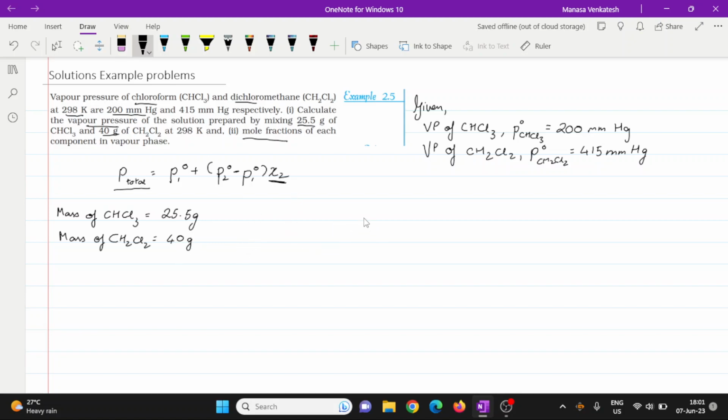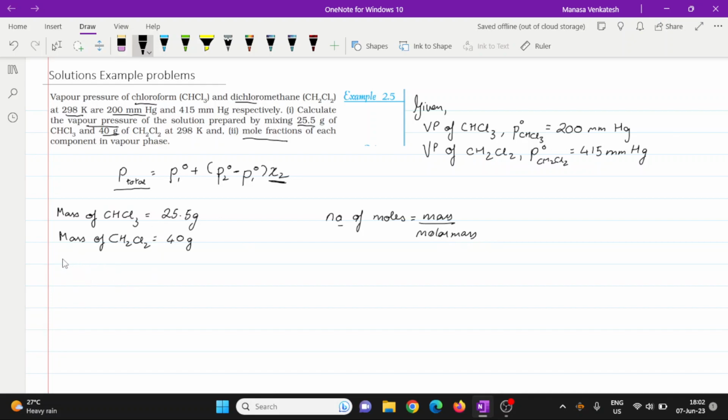So the number of moles, pretty sure you should know this equation by now, is mass divided by molar mass. Right, so we can calculate the molar mass.